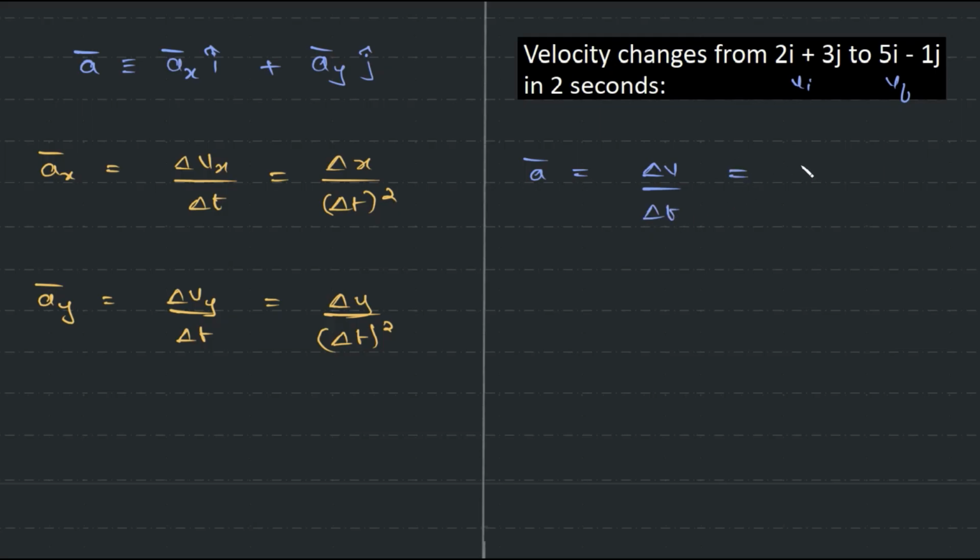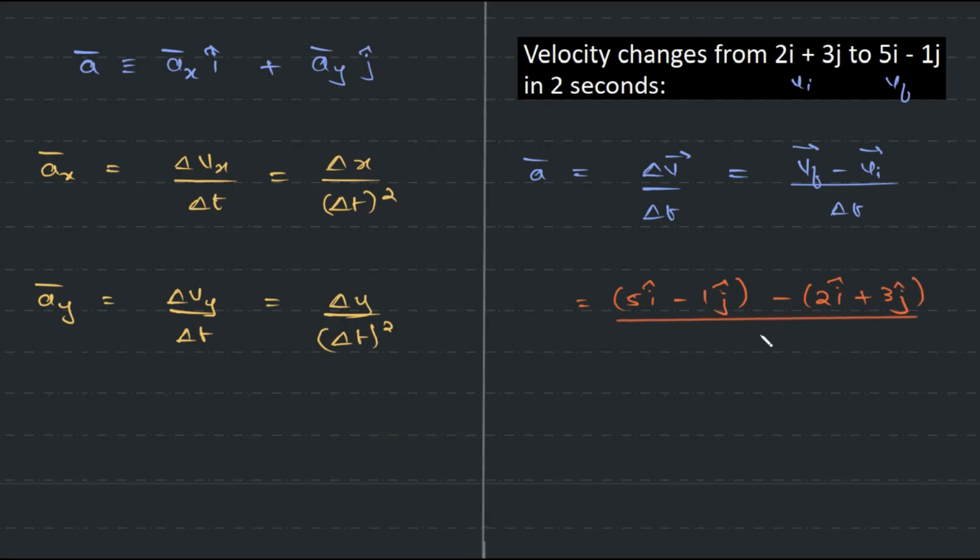And this in turn is Vf minus Vi divided by time. So Vf is your 3 I cap minus 1 j cap, minus of 2 I cap plus 3 j cap.